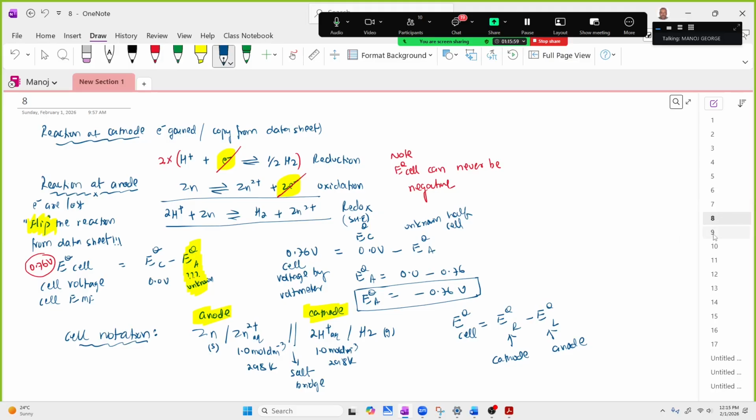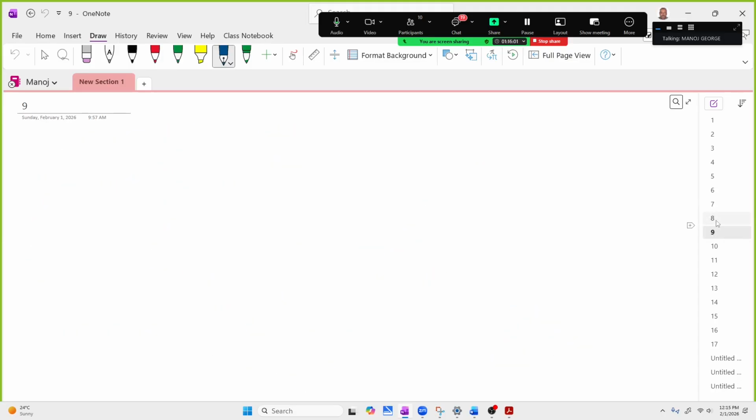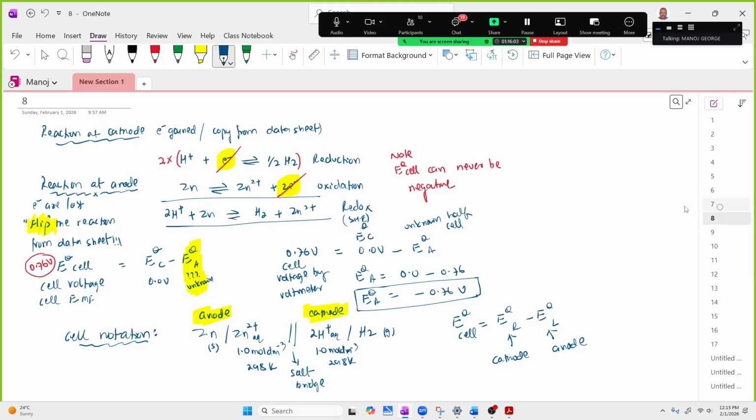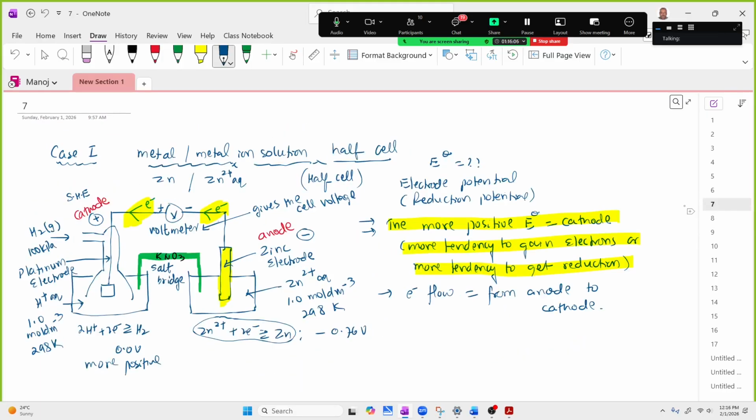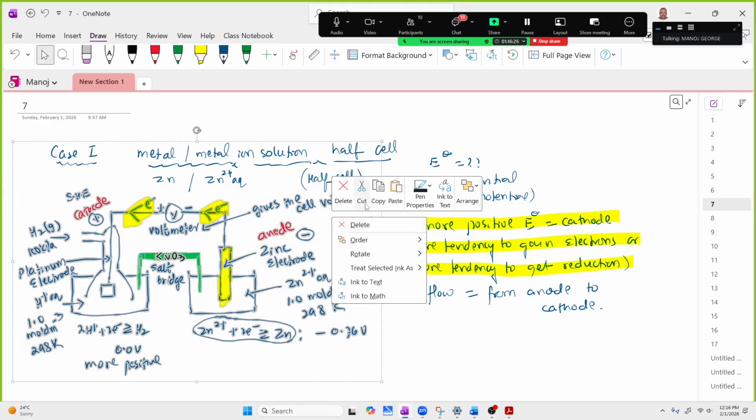We are still discussing case 1. So I gave you case 1 where I gave you zinc half cell. So zinc half cell basically is zinc electrode dipped in a solution of its ion connected to an SHE. Okay, so I'm going to give you now another half cell. Okay, let me see if I can just copy this as it is. Save some time.